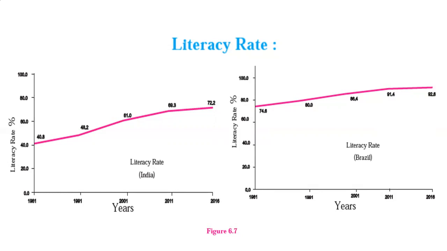In 2016, Brazil's literacy rate increased to 92.8, while India's increased to just 72.2. So Brazil showed a higher literacy rate, although the literacy rate of India did improve, but it is still much lower than that of Brazil's literacy rate.